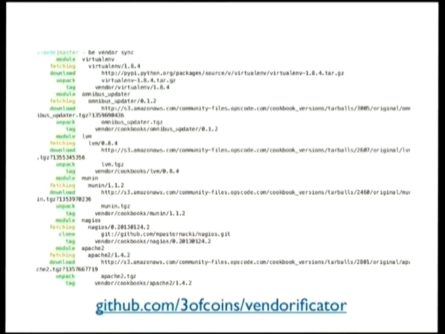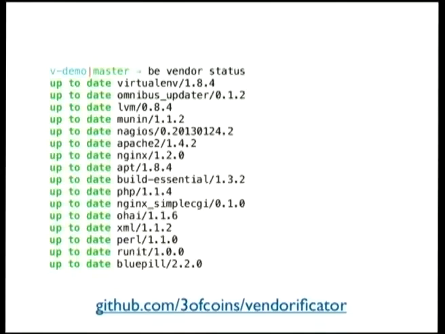Right now, this is not a live demo, because Vendorificator would download a lot of stuff and it takes a while. But it downloads all the specified modules and their dependencies. And after that, we can see the status that everything is up to date, including the dependencies, including the cookbooks that the ones we specified depend on.